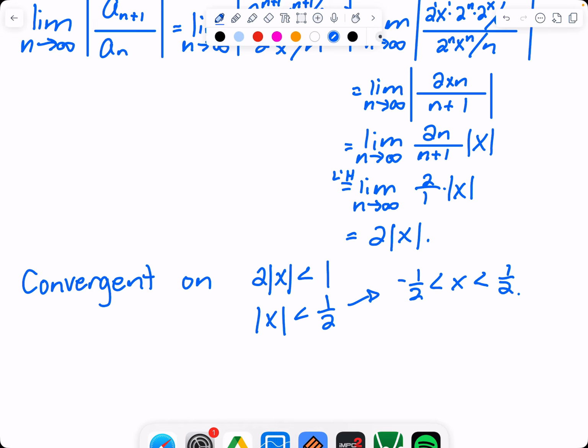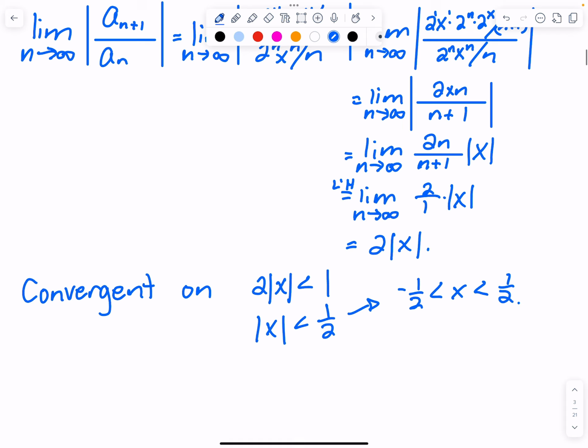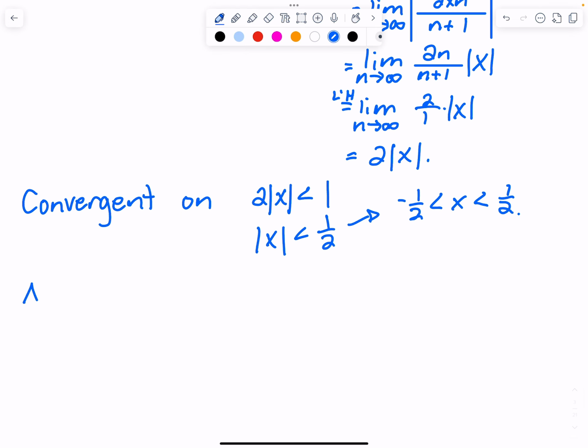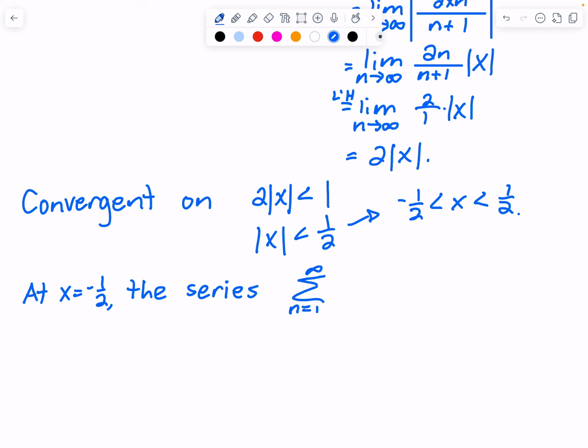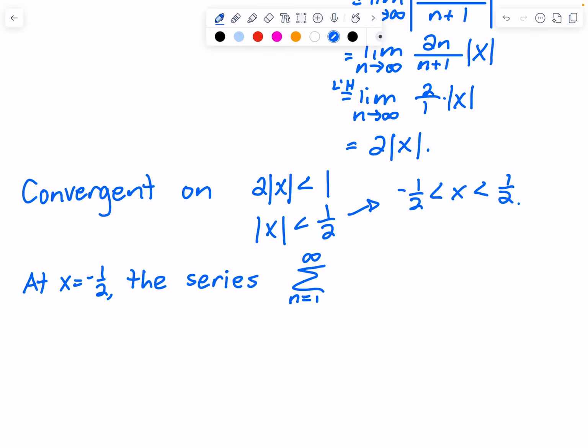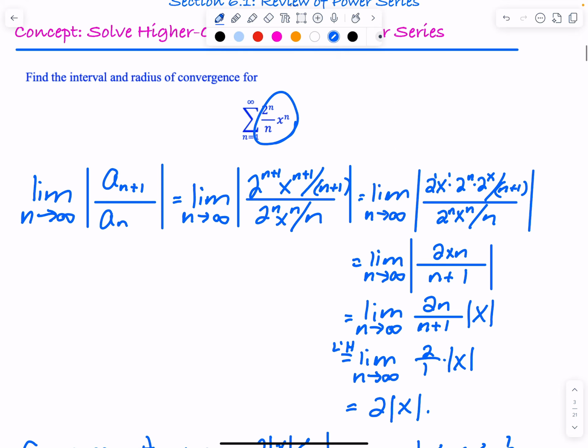But we have to check the endpoints, and this is going to be using other rules, not what we just used. At x equals negative 1/2, we'll put negative 1/2 in for x. We get the sum from n equals 1 to infinity of negative 1 to the n over n. That's what happens if we plug negative 1/2 into the series up here.